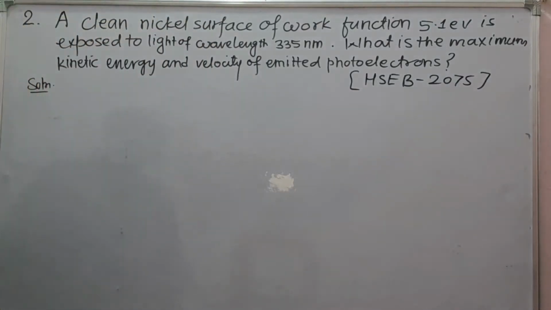Second question is, a clean nickel surface of work function 5.1 electron volt is exposed to light of wavelength 335 nanometer. What is the maximum kinetic energy and velocity of emitted photoelectrons?